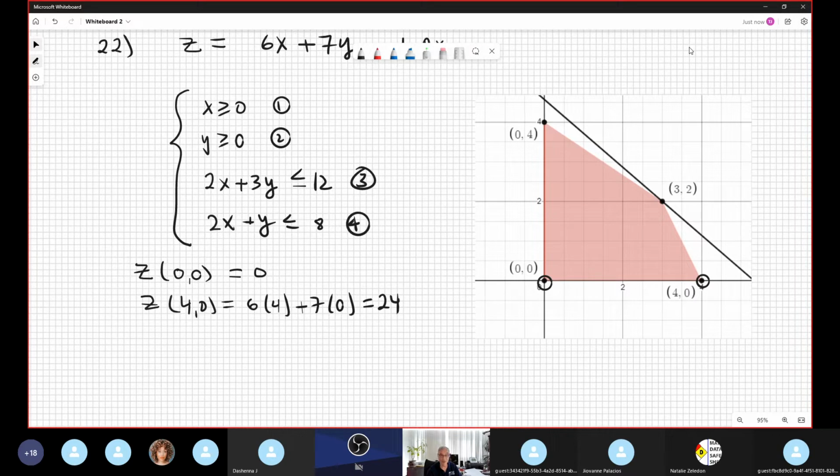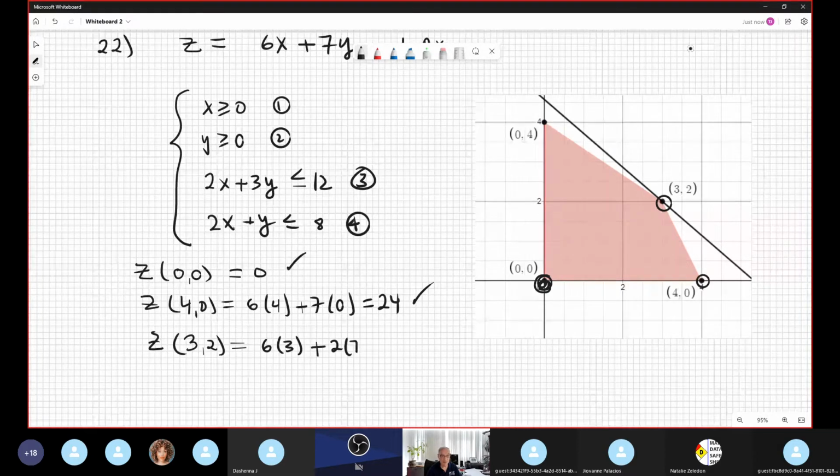Okay, now I plug it in 0, 0, the answer was 0. I plug it in 4, 0, the answer was 24. I plug it in 3, 2. It is 6 times 3, that is 18, plus 2 times 7, that is 14. It's 32.